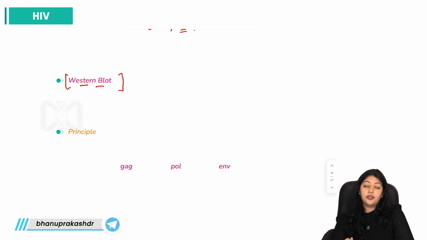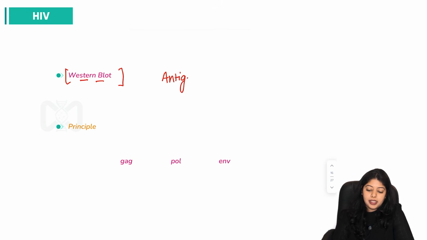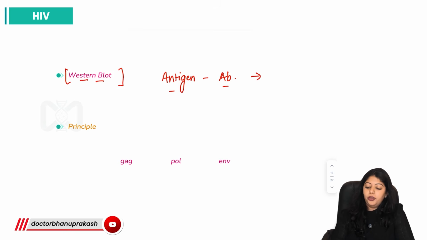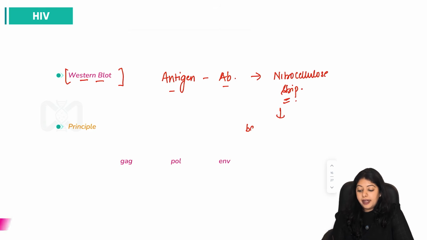And what is this Western blot test based on? So it is based on a principle wherein antigen-antibody complexes will be immobilized on the nitrocellulose strip, and they will be expressed as bands.